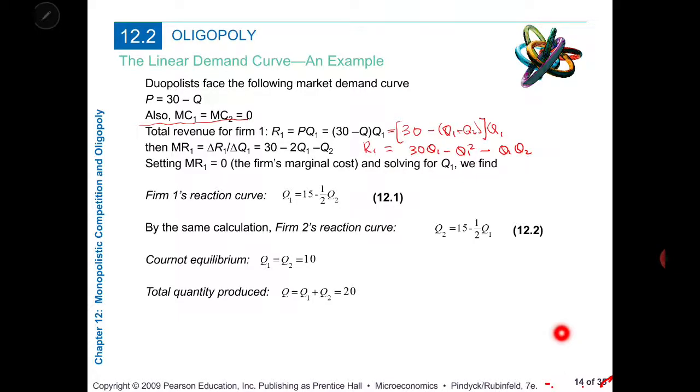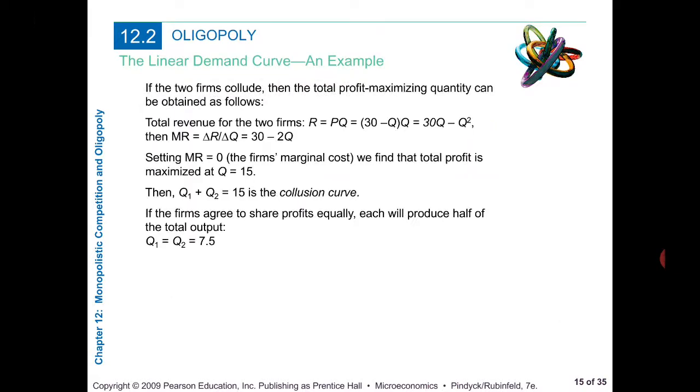From R1, you can find the first difference, the partial derivative with respect to Q1. Based on R1 just now, we have 30, and then 2Q1, and the partial derivative of the last term will be minus Q2.